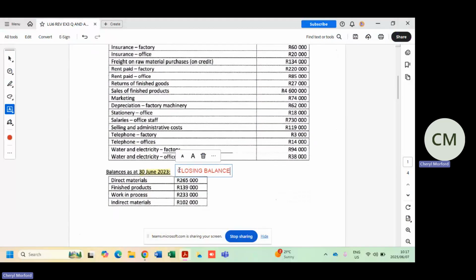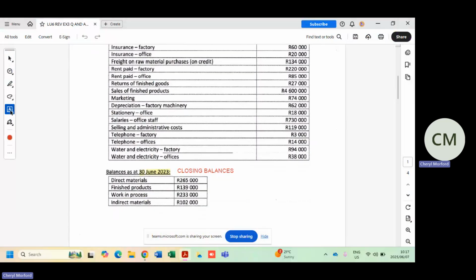So these will be your closing balances. We are going to add in opening balances and always subtract closing balances in the preparation of our notes and statements. Okay. So there is a very specific order that you follow here when you are doing this.